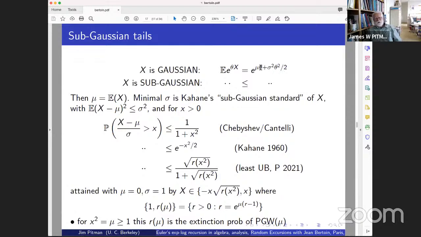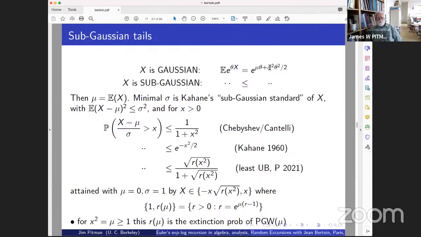And Kahane in 1960 came up with a very clever definition, which is to say that a random variable has a sub-Gaussian distribution if its moment generating function is dominated by the same expression that you get for the normal case. Now, it's easy to see that if that is the case, then there's only one choice for the mean. There's only one choice for the parameter mu. It's got to be the mean, which has to exist.